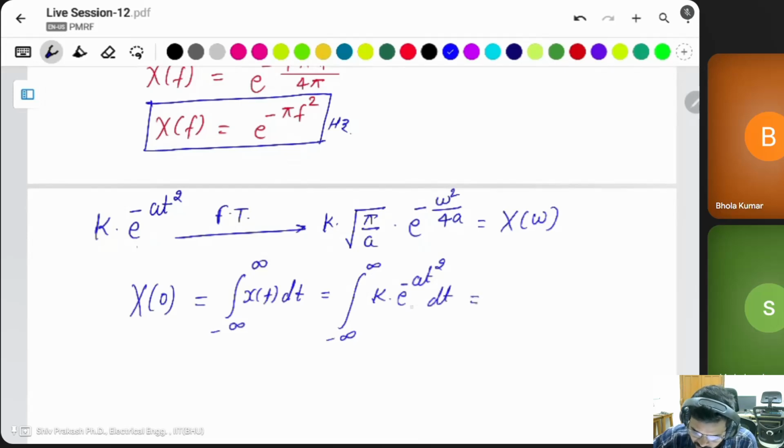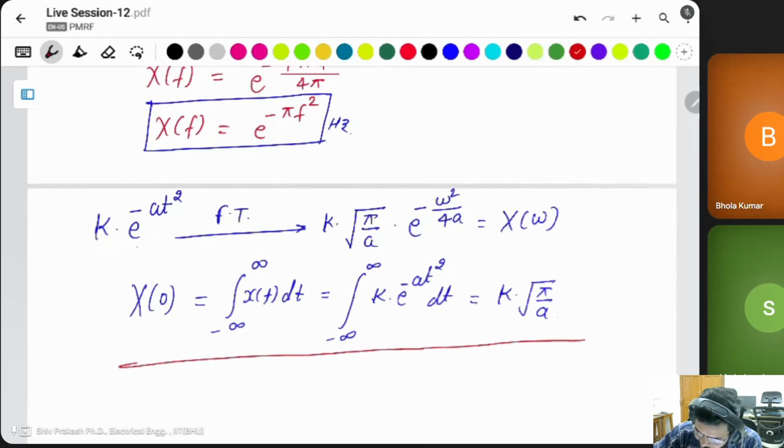If omega is equal to 0, the whole exponential function will be 1, and the value of that function will be k into root of pi by a. This is the value at 0 frequency.